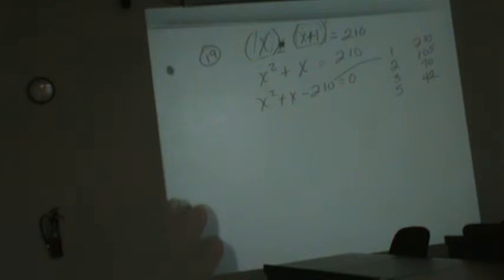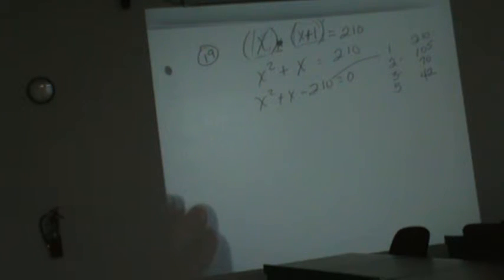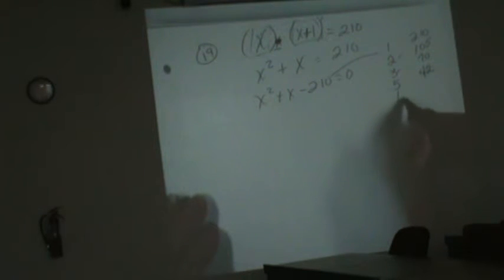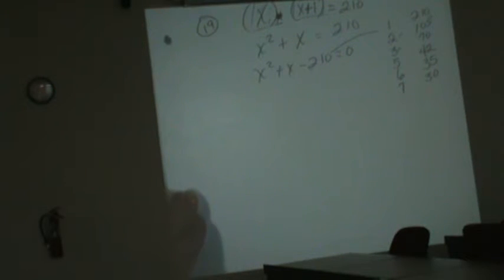Okay, will 6 go into it? If 2 and 3 go into it, 6 will. 6 will go into it how many times? 35. And 7? 30. Okay, how about 8?